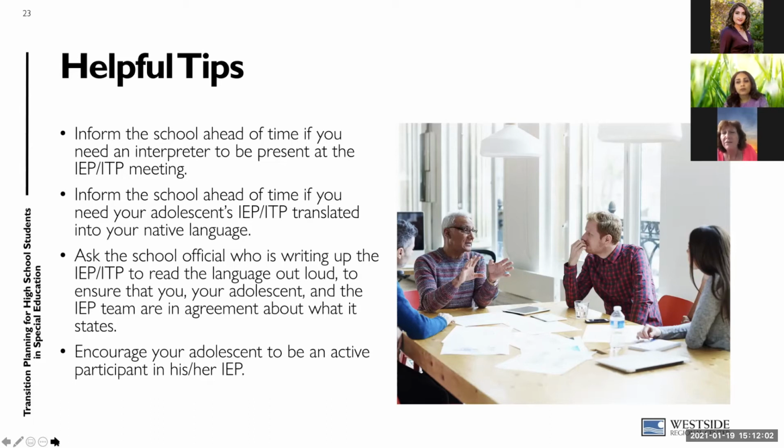A lot of students are really shy about doing that, or they feel like, it's the teacher, I can't tell the teacher what to do. But these particular meetings, the IEP meetings, individual meetings, are for that individual, and we want to get them participating and saying their needs.